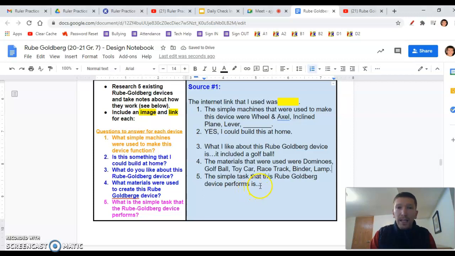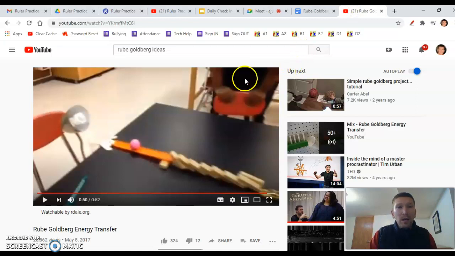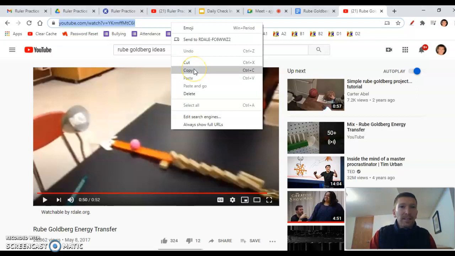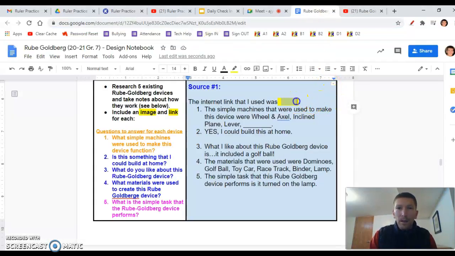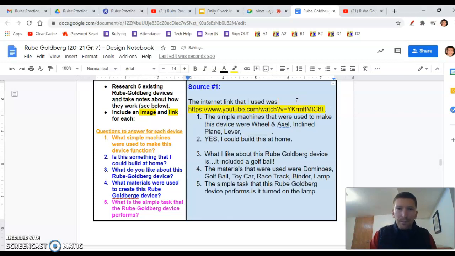And then the simple task that this Rube Goldberg performs is, well, at the end, when it worked, it turned on the lamp. And the last thing I need to do that you can see at the top is either having a picture, if that's what you decided to do, but since this is a video, I'm going to take this website from YouTube, copy it, and then paste it in here.